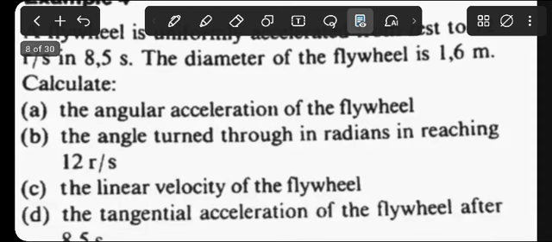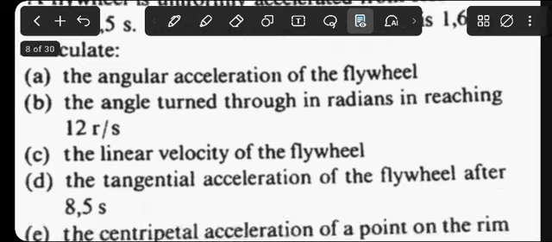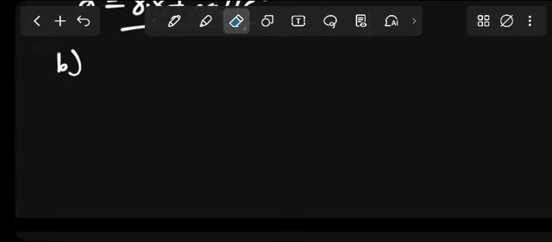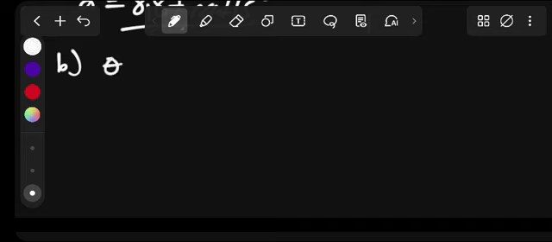B says, okay, the angle turned through in radians reaching 12 revs per second. Number B, we have to find the displacement. It's simply just a displacement.